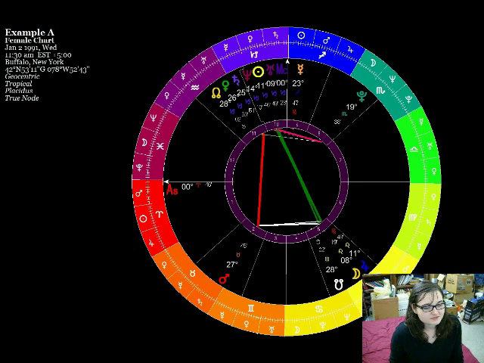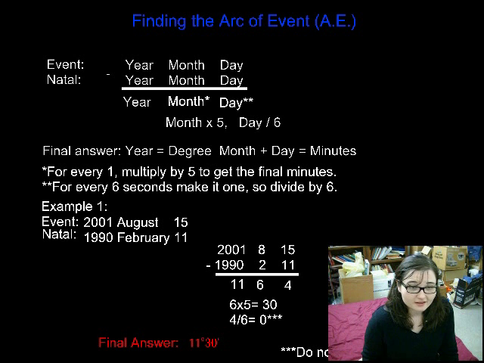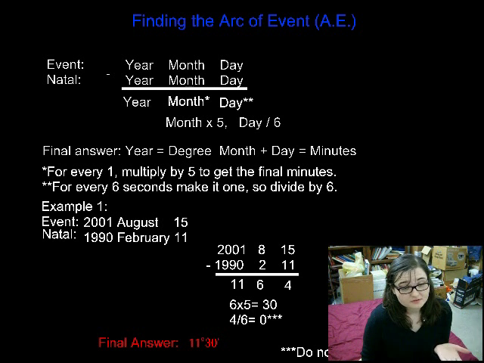And what you first need to do is find the arc of the event. So in her case, it was 2005, the month was February, and the day was the 16th. And then you also need to subtract that by the year, month, and day of your birth date, or your person's birth date.